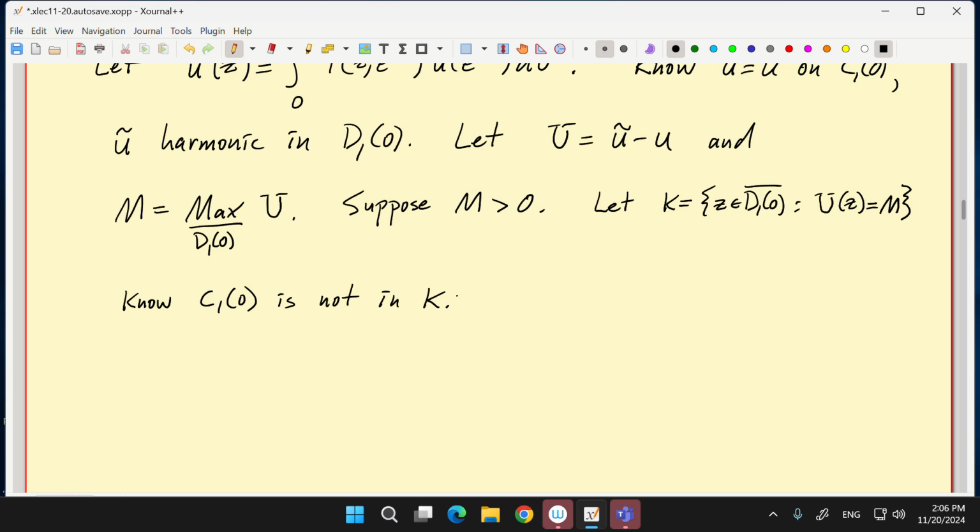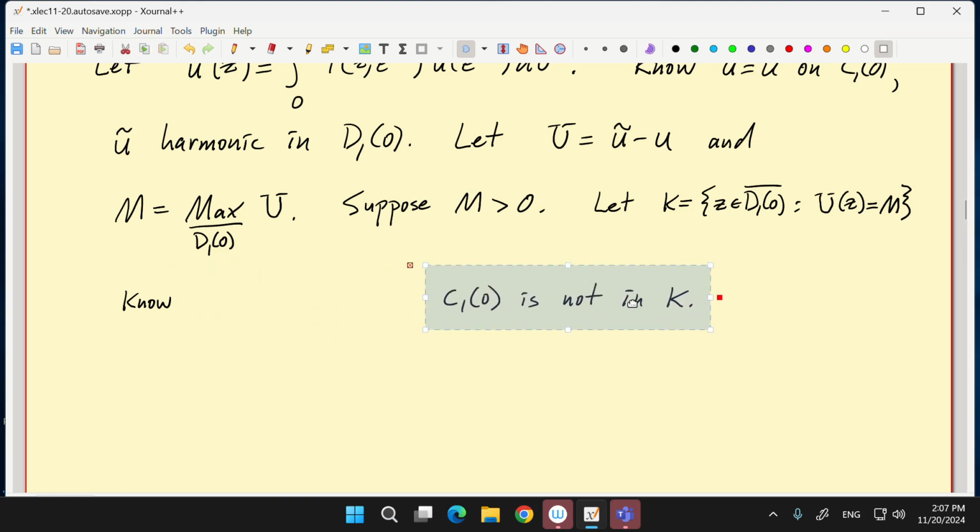More importantly, what do we know? We know K is compact. That's just basic analysis topology. If I have a limit point in K, those are points where the continuous function is equal to the max. The limit of that limit point would also be in K by continuity. So it's a very easy thing to see that K is a compact set, because it contains all its limit points.